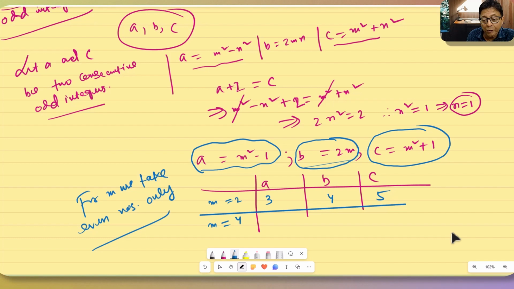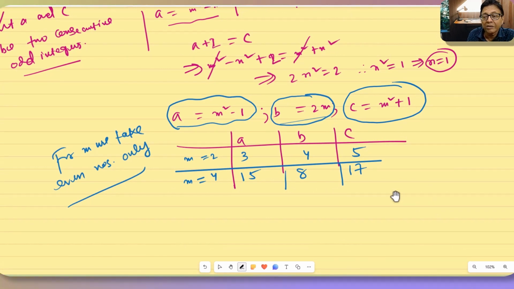That m equal to 4, this is going to be 15, this is 8, and this is 4 square plus 1, that is 17. Next, what can you choose to generate these kinds of numbers? They are two consecutive odd integers: 3 and 5, and 15 and 17.